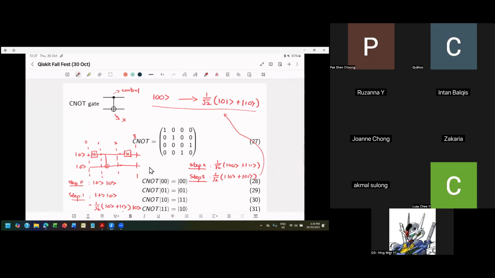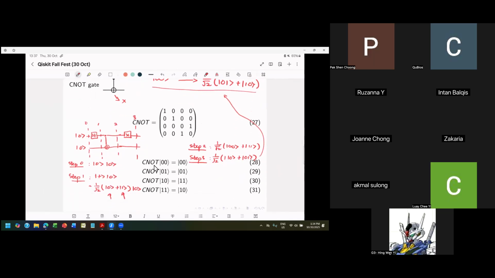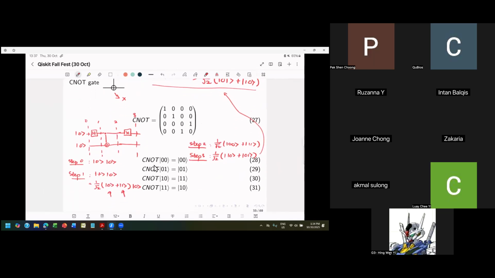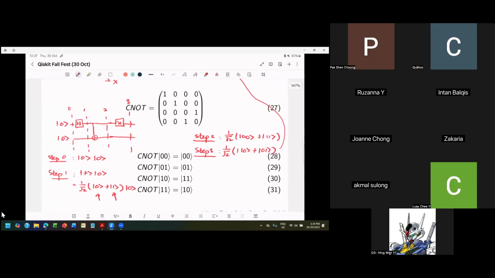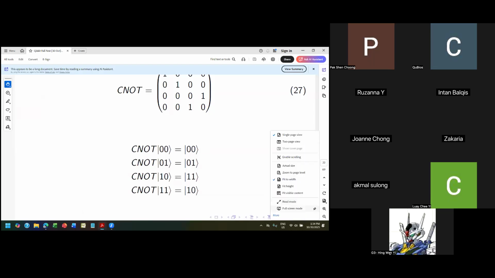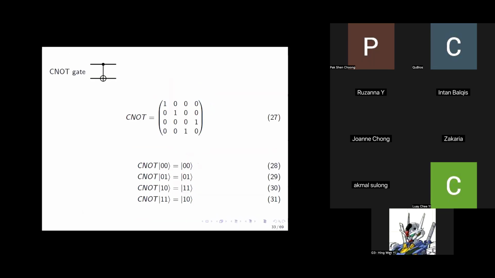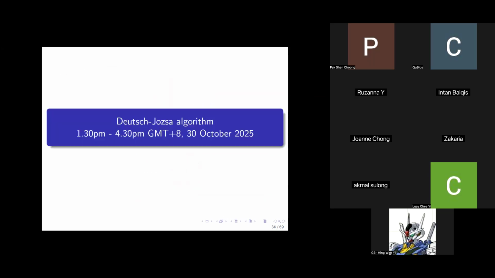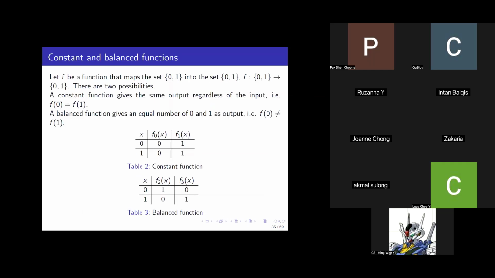So I guess with that in mind, we can go to the second session, which is on Deutsch-Jozsa algorithms.